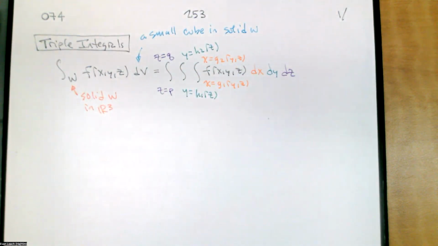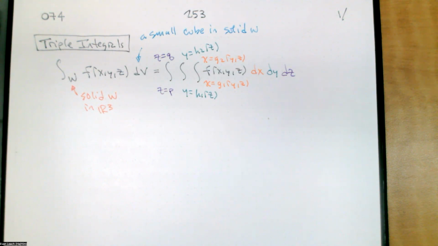I just don't want to write rectangular solid all the time. I'm just going to say cube. So dV is one of the building blocks in the solid W. And in that little small building block, we're assuming that f is constant, just like we always do.